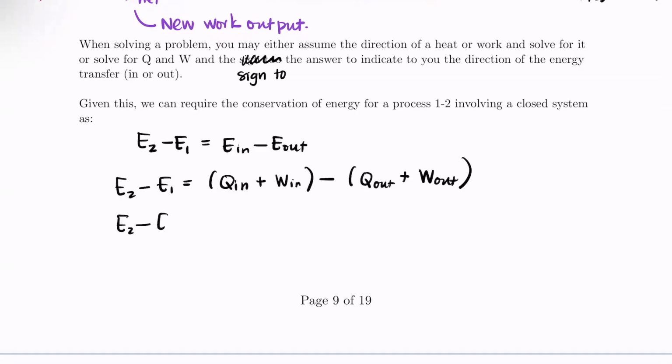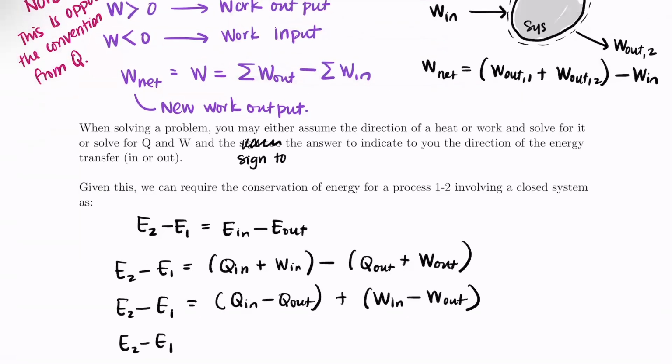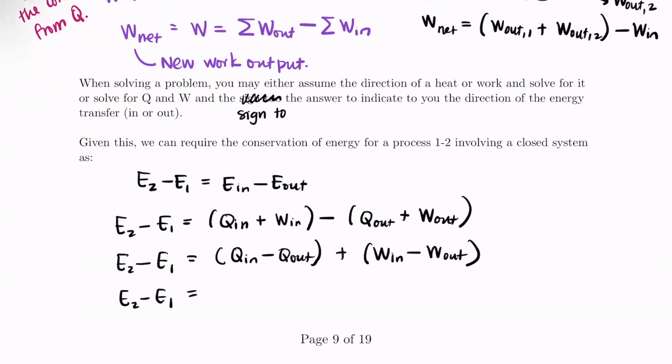So we have E2 minus E1 is equal to Q in minus Q out plus W in minus W out. And then if you remember from our discussion about work, net work is work out minus work in, right? So I'm just going to switch the order and bring the minus sign outside of that second term. So I have Q in minus Q out minus W out minus W in.